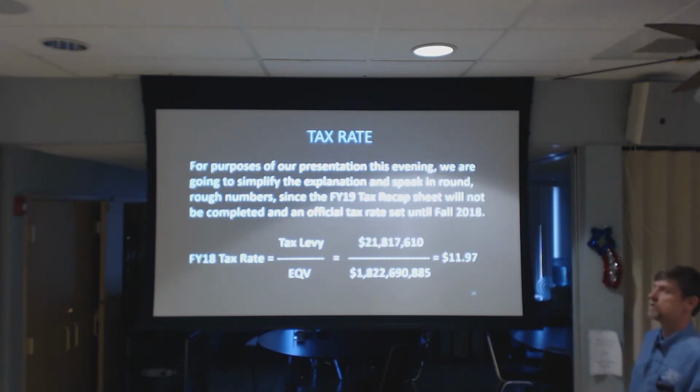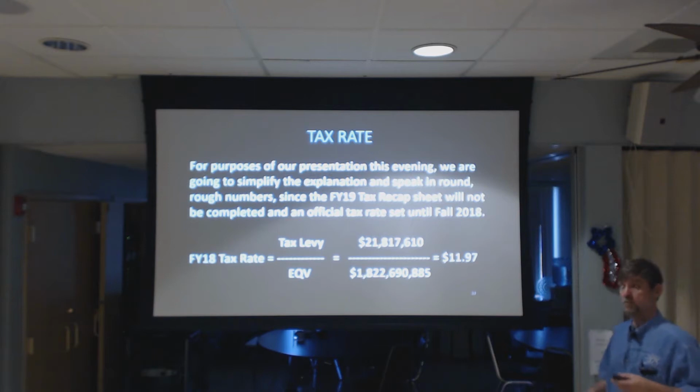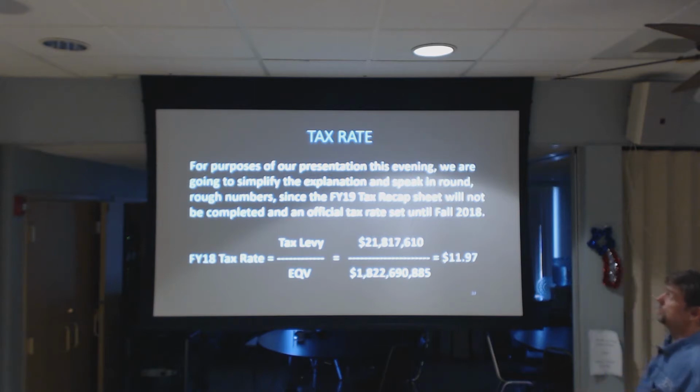So for the purposes of our presentation tonight, we're just going to simplify the explanation and speak in terms of round numbers, because the tax recap sheet for fiscal year 19 will not be done until sometime in the fall.